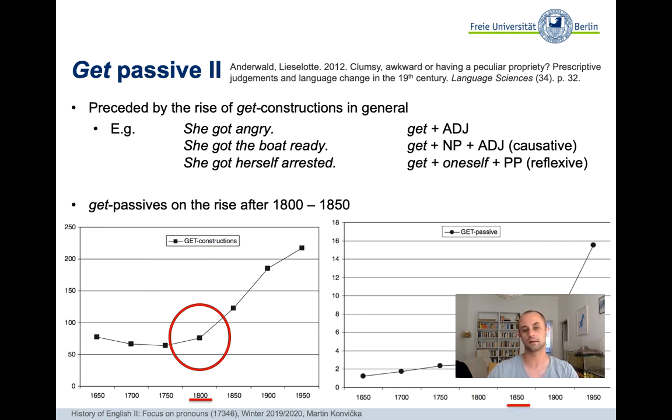Several decades later, around the middle of the 19th century, 1850, we see a similar rise in the frequency of the get passive constructions. So first we see a rise in different constructions with get, and only later do we get this passive construction with get rising as well.